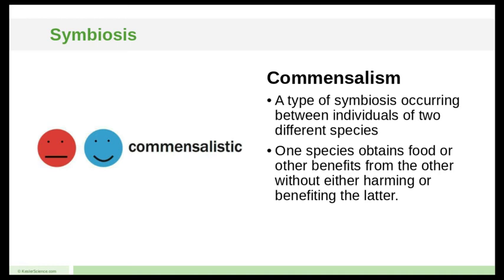So one species obtains food or some other benefit from the other species without either harming or benefiting the latter. So again, the blue smiley face is getting something good, and then the red guy's just kind of like, meh, whatever.